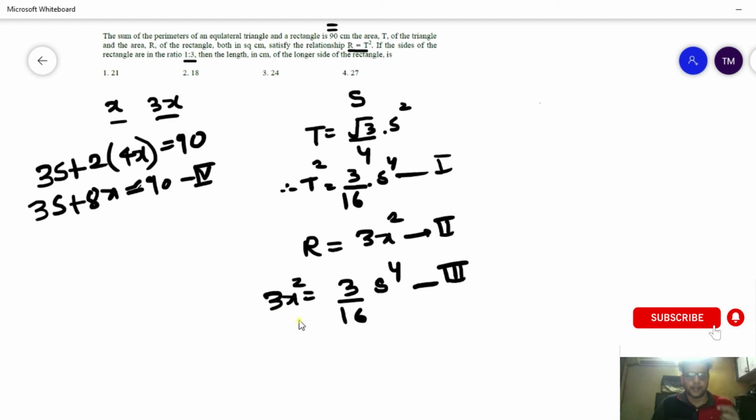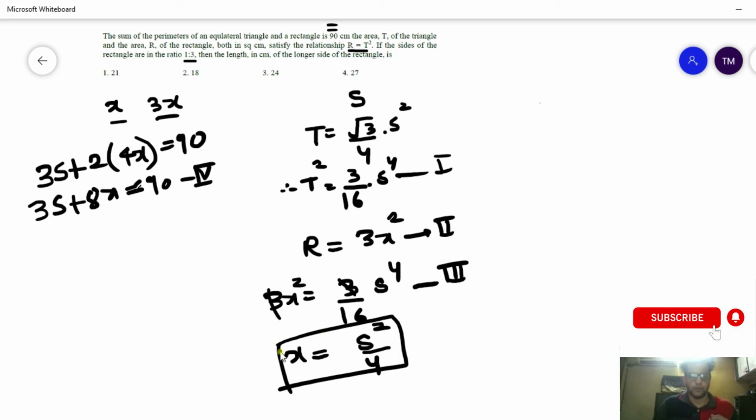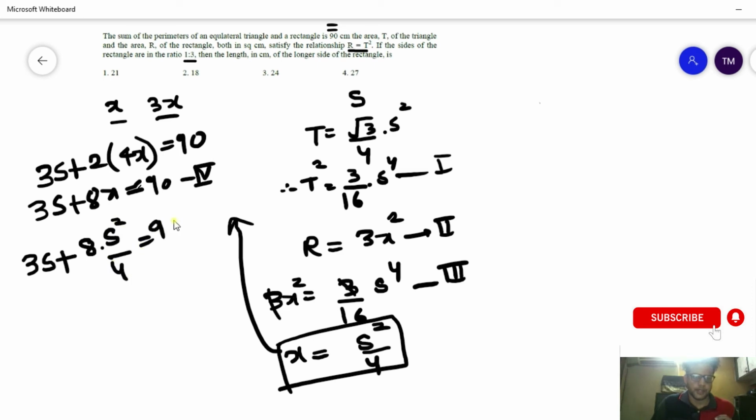Now let's try to find x in terms of s from equation 3. So 3 gets cancelled. Taking square root on both sides, x is s square divided by 4. So let's put x in equation 4. So 3s plus 8 into x, x is s square divided by 4, which is 90.